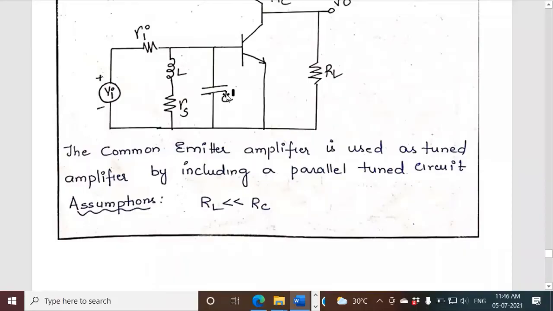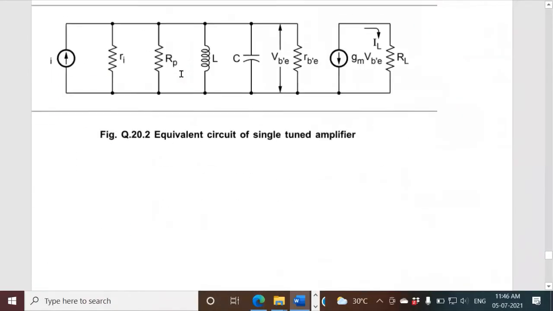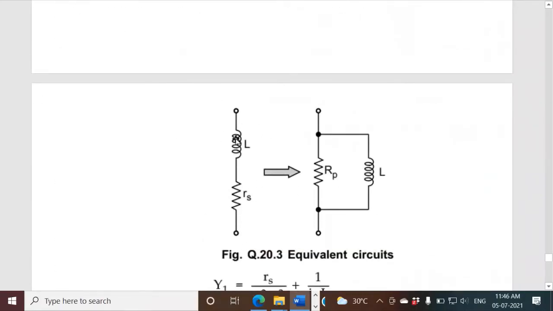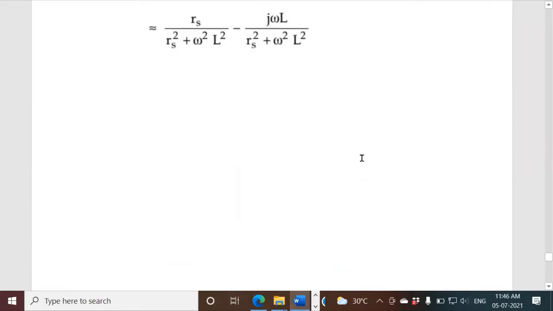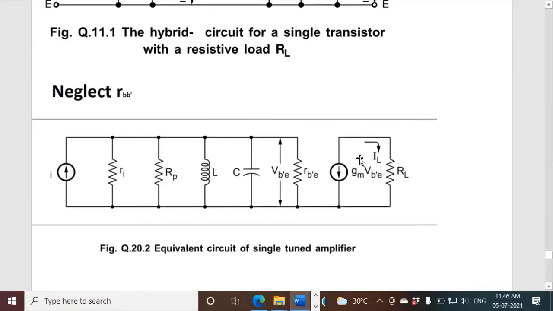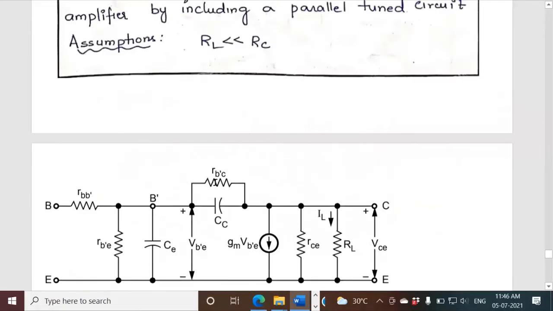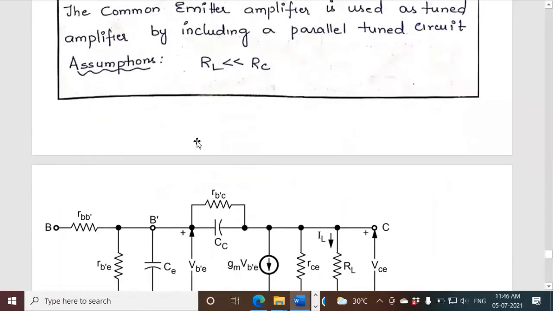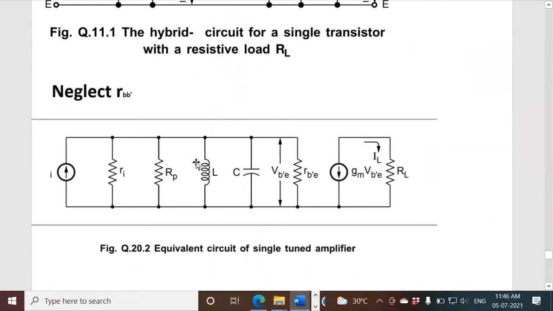It is wise to convert this particular series combination into a parallel combination. I will discuss that in detail. We convert this series combination into a parallel combination, and that parallel combination we will replace here. That replacement will be reflected here, and that circuit we will analyze.